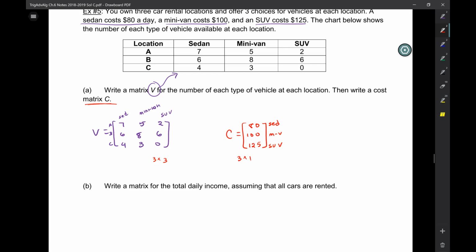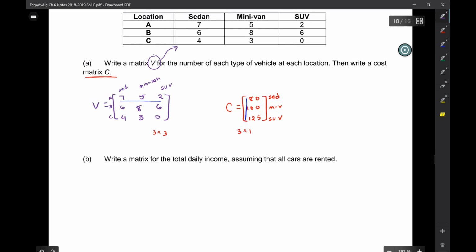So now look, if I were to do first row, first column, look at what I have. Sedan, sedan, minivan, minivan, SUV, SUV. Do you see how they match up? That's not a coincidence, okay? So that's the reason we write it that way.